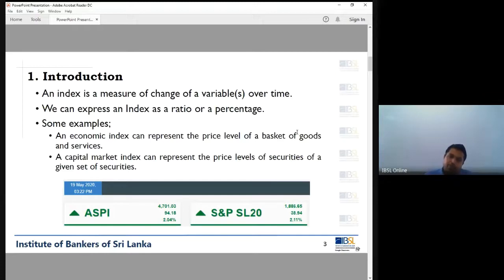So likewise, the weight or the value of the basket of items that we are going to consider is going to be the determining factor of the value of the index. So let's look at some of the practical examples. Look at the first example. An economic index can represent the price level of a basket of goods and services.